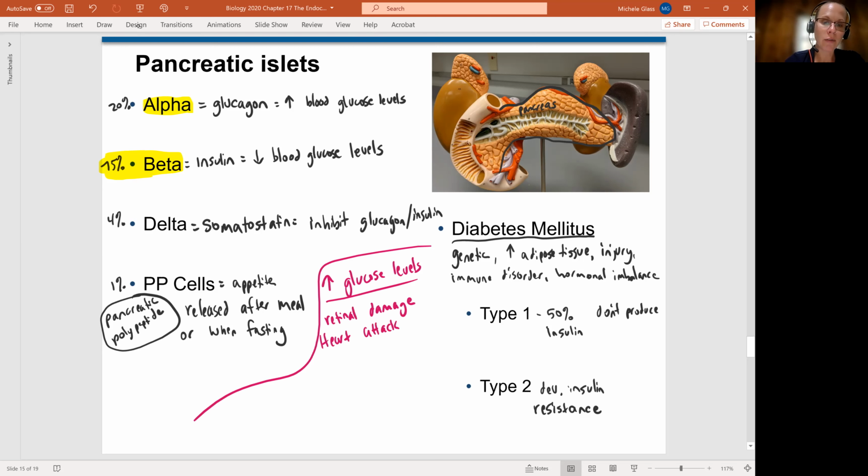You're going to have potential for peripheral nerve damage. You're going to have potential for peripheral tissue damage. And then you might also see kidney damage.